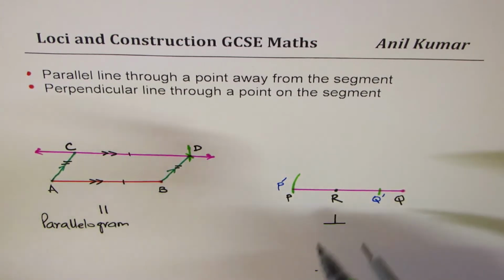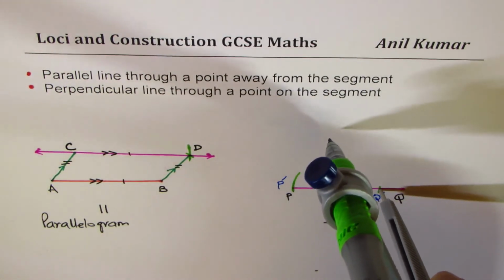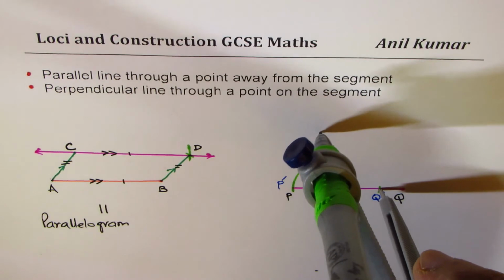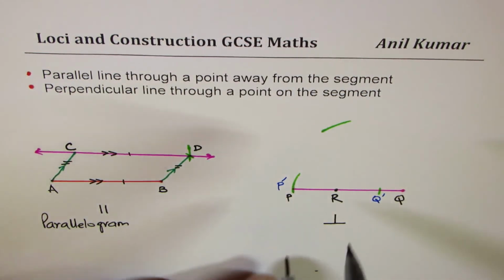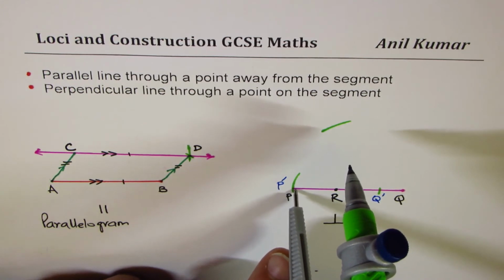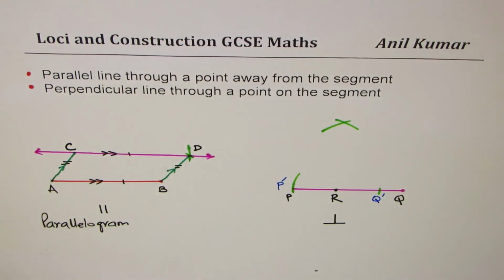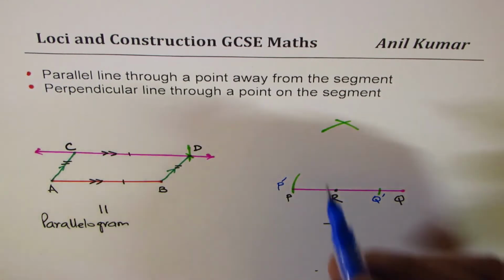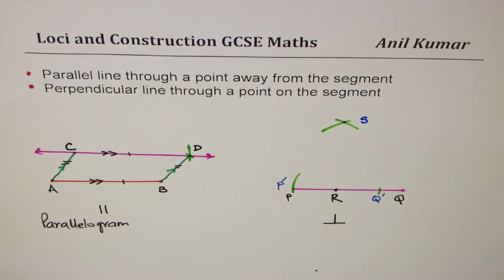Now open it further, I mean longer than what it was earlier, and then make an arc which is kind of above R. Also place it at P dash and again cut that arc. So when you get a point, mark the point. You can label this as S, for example.